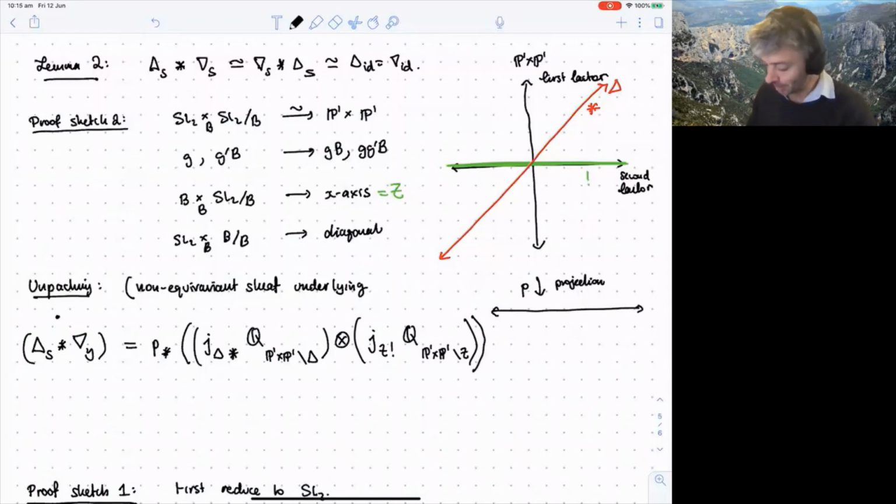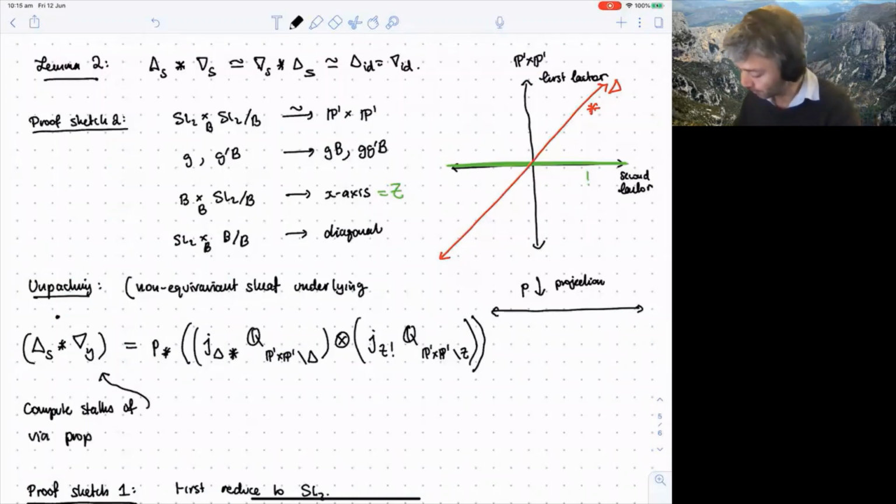Now, what's really beautiful here is that we can compute this via proper base change theorem. Oh, and there's a shift by two.